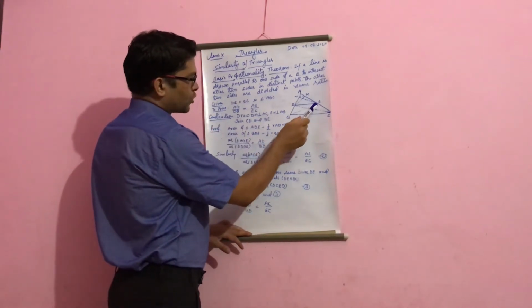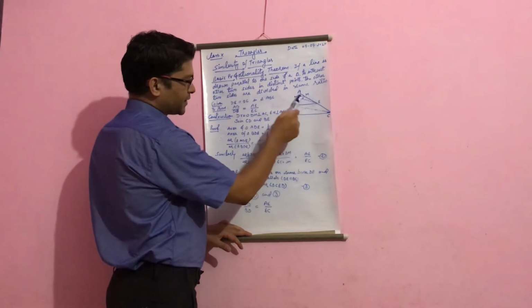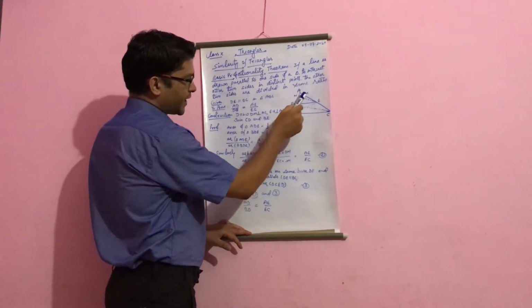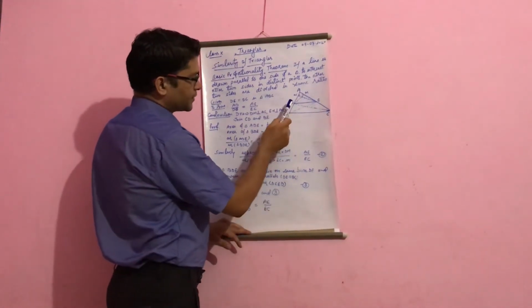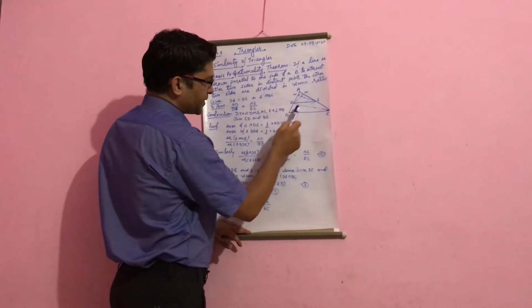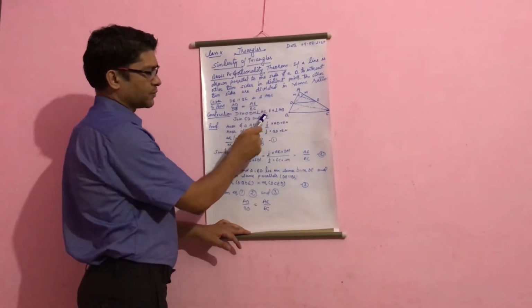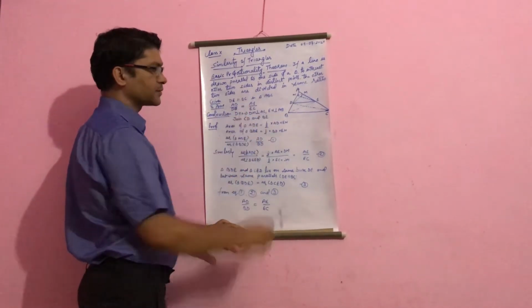We need to draw perpendiculars: EN perpendicular to AB, and similarly DM perpendicular to AC, and CD and BE are also to be joined.